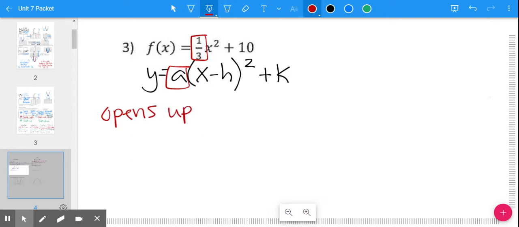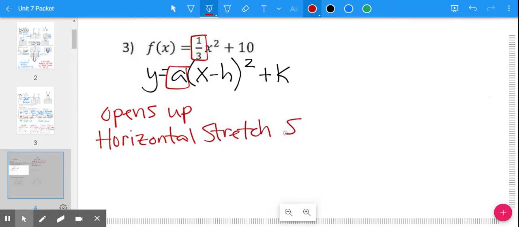And because it's got a multiplier of 1/3, that is a horizontal stretch with a scale factor of 1/3. Now, because there's nothing being added or subtracted inside the parentheses with your x value, that means there is not a left or right shift.